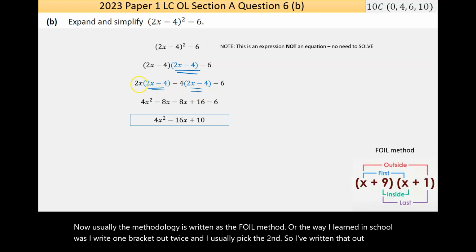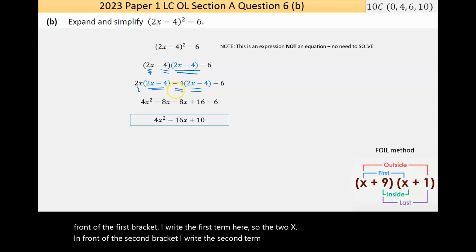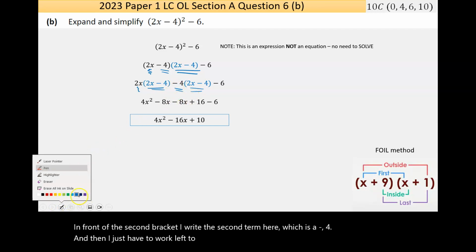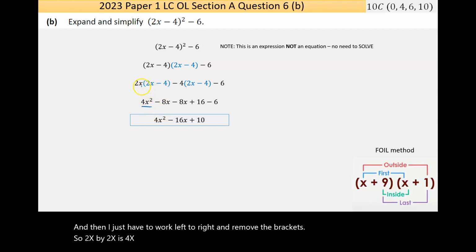In front of the first bracket, I write the first term here, so the 2x. In front of the second bracket, I write the second term here, which is a -4. And then I just have to work left to right and remove the brackets. So 2x by 2x is 4x squared. 2x by -4 is -8x. -4 by 2x is -8x.